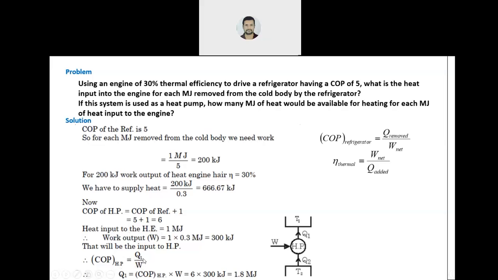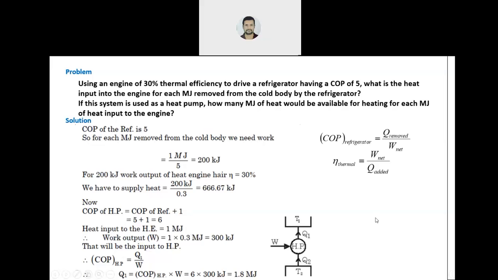Here you have to find COP of heat pump, so you have to find this Q added. So this is equal to COP of heat pump into W. So COP of heat pump, just now from this relationship you got 6, and work is 300 kilojoule. Not 200. 200 was in the case of refrigerator. Now here in case of heat pump it is 300 kilojoule.